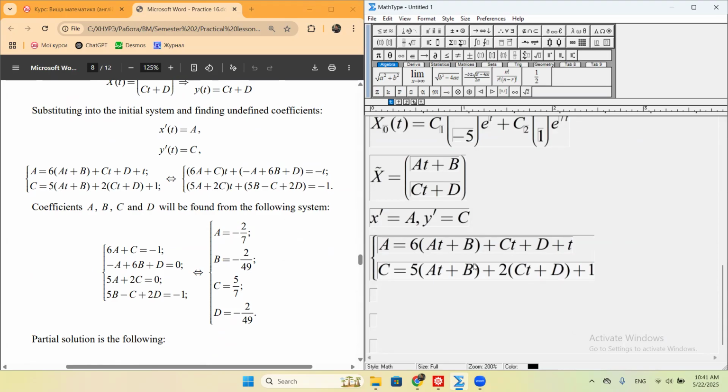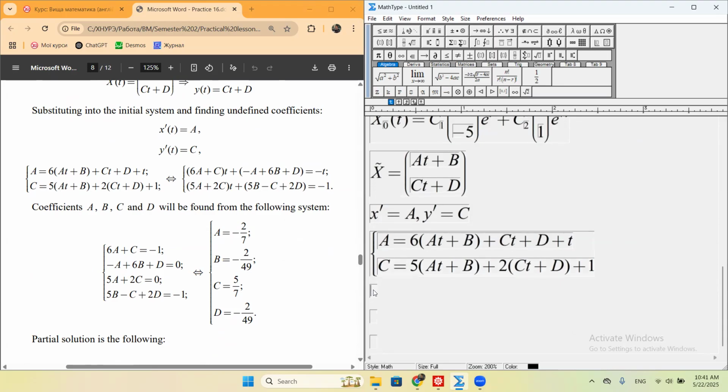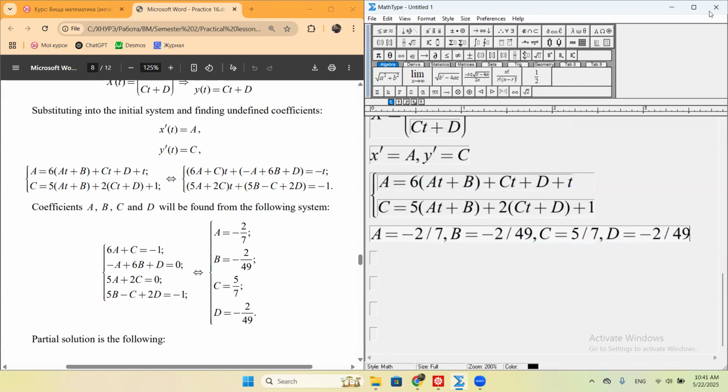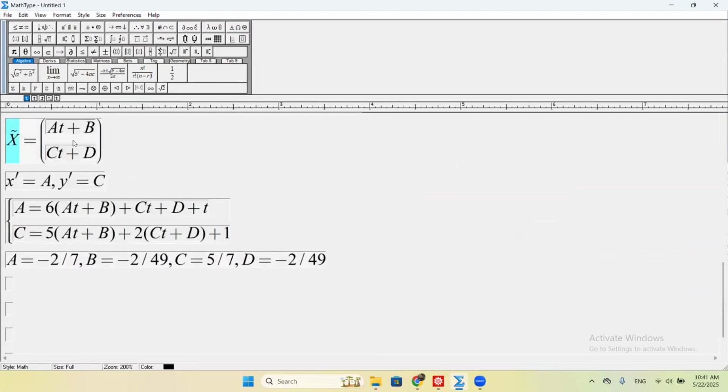So everything matches. And now let's just write down the coefficients. So a equals minus 2 over 7, b equals minus 2 over 49, c equals 5 over 7, and d equals minus 2 over 49. And now let's write down the solution.